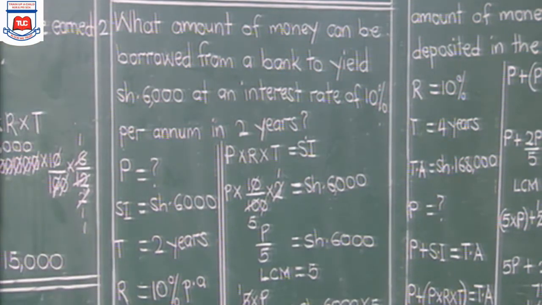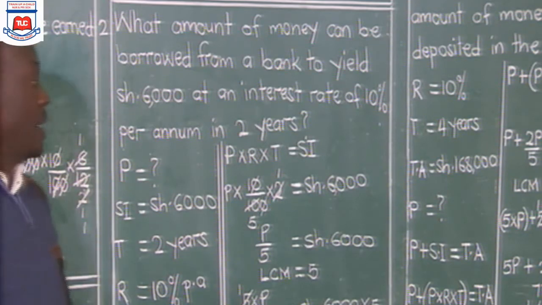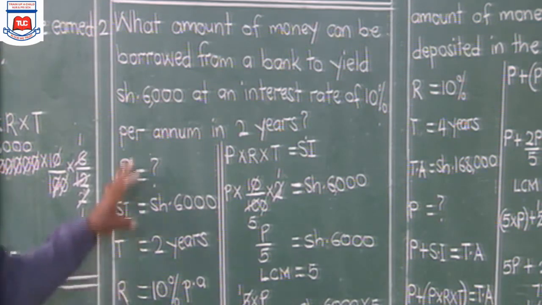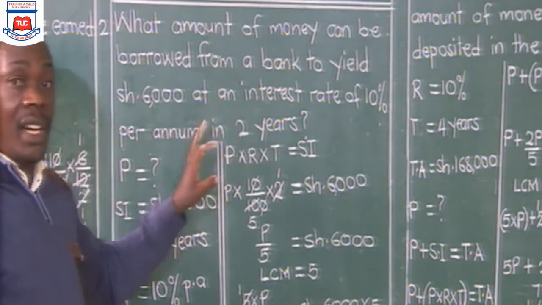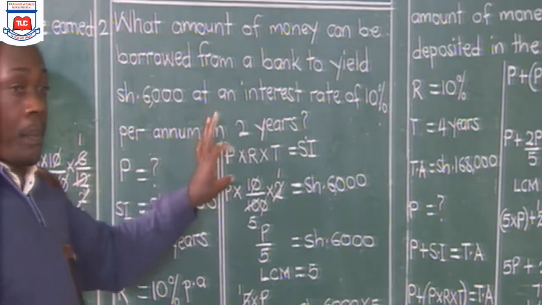So which one has the question mark again? It is the principal. Now, how does one find the principal given simple interest, time, and rate of interest? Here it is going to be answered today. You never lack if you actually care about every step.